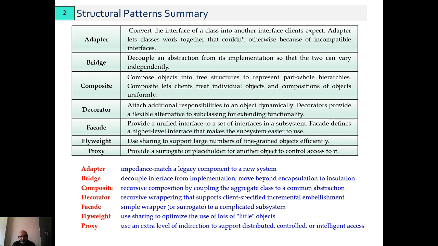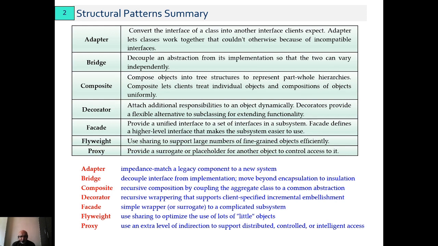Composite: recursive composition by coupling aggregate classes. Decorator: recursive wrapping that supports client-specified incremental embellishment. Facade is a simple wrapper to a complicated subsystem; a mesh-like hierarchy is organized into specific branches. Flyweights may have a lot of little, thin objects.